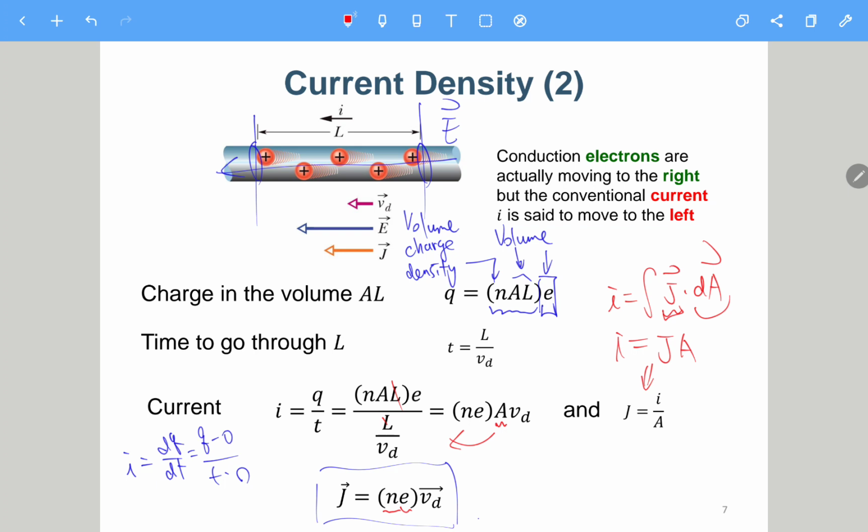So here we consider that the material doesn't change. In this case, this is a constant, which means that the current density is proportional to the so-called drift velocity. vd is the drift velocity of the current. Okay, so maybe we stop here today.